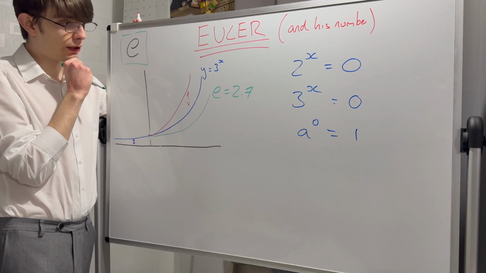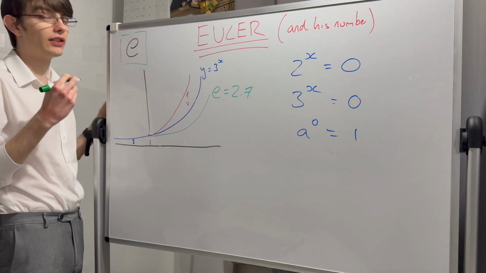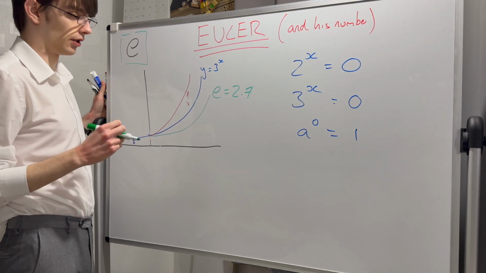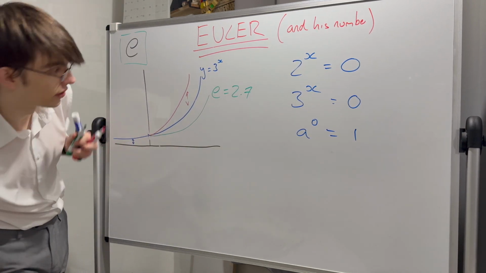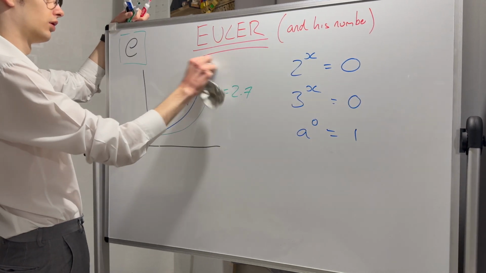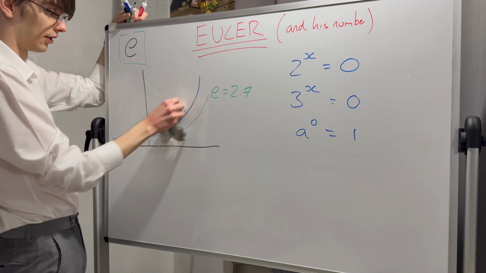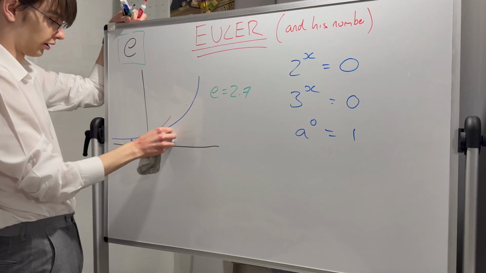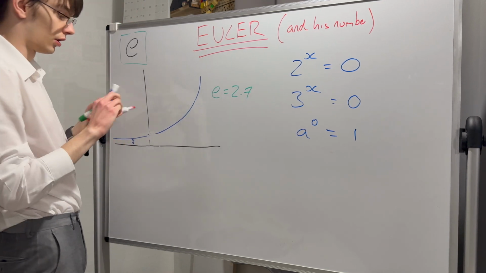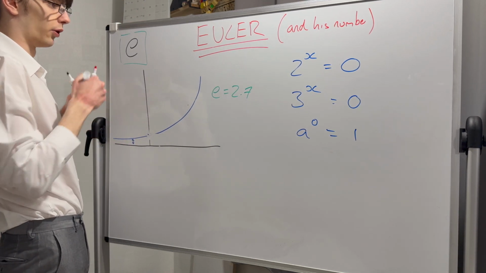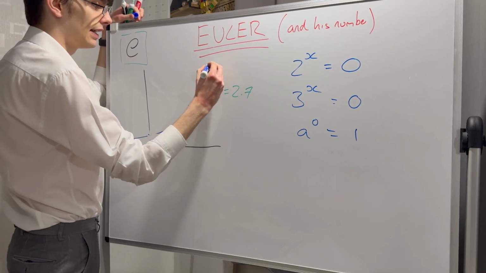Now, what this means is, if I take exactly Euler's number, and I raise it to the power of x, I will keep this line because if I have to draw another one of these, I might scream. So this blue line here is going to be e to the x.